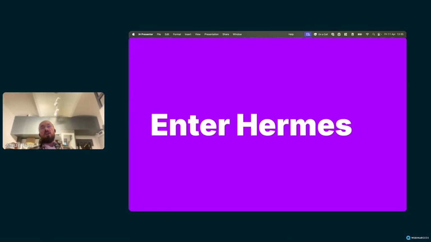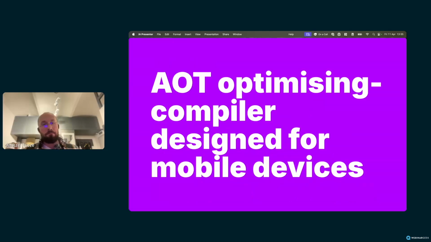So the creators of the Hermes engine that's being used in React Native decided that they would give it a try. And they created an ahead-of-time optimizing compiler designed for mobile devices. It is actually not that weird that they designed it for mobile devices, because mobile devices have fewer resources. But also, for example, iOS does not allow any external just-in-time compilers to be run on it.